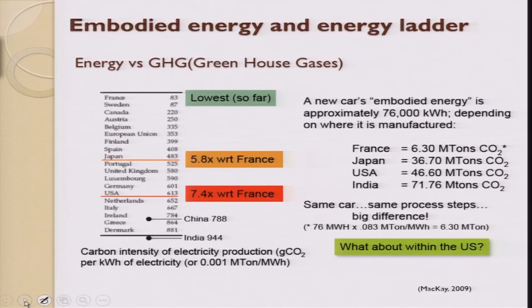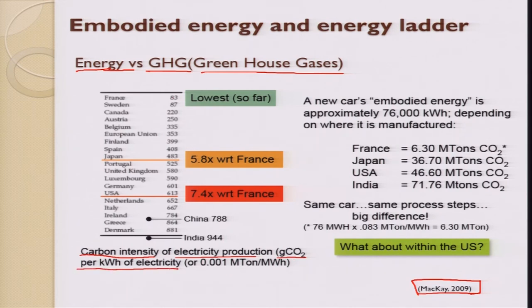So what happens? This is the energy versus greenhouse gases illustration that was developed by MacKay in 2009. So what is this illustration trying to tell us? It is showing the carbon intensity of electricity production, that is, the grams of carbon dioxide produced per kilowatt hour of electricity, or in unit conversion, 0.001 megaton per megawatt hour.